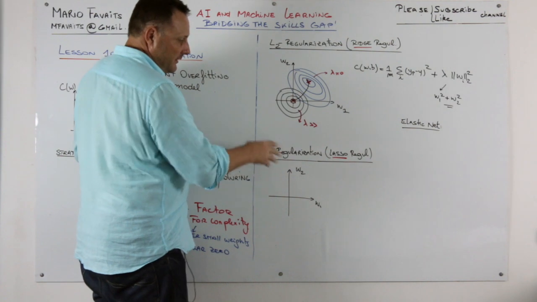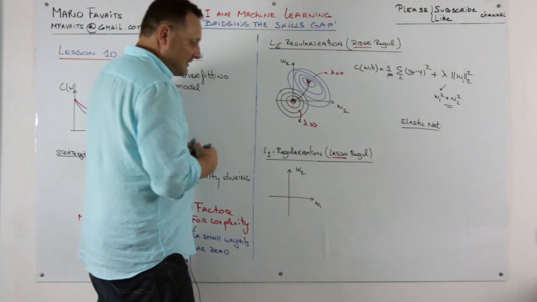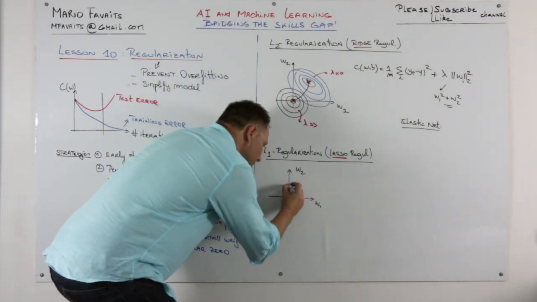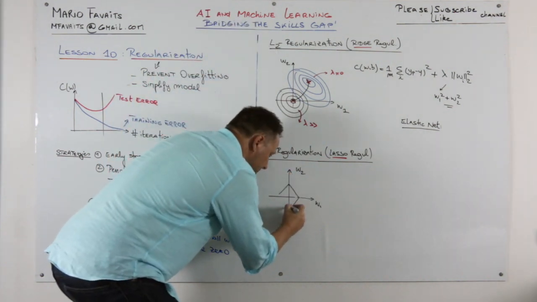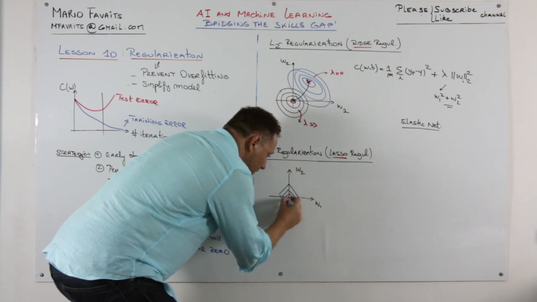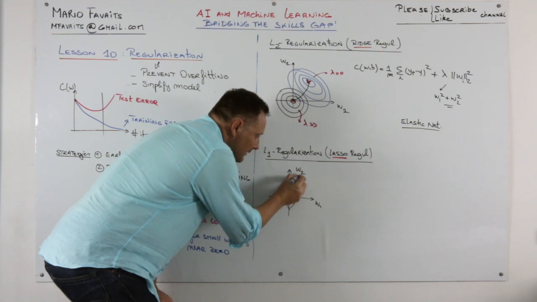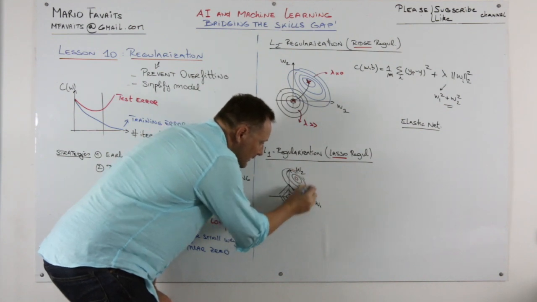So for L1 regularization, it's Lasso regularization. We have something similar, but basically this is the shape, and then we still have the contour lines.